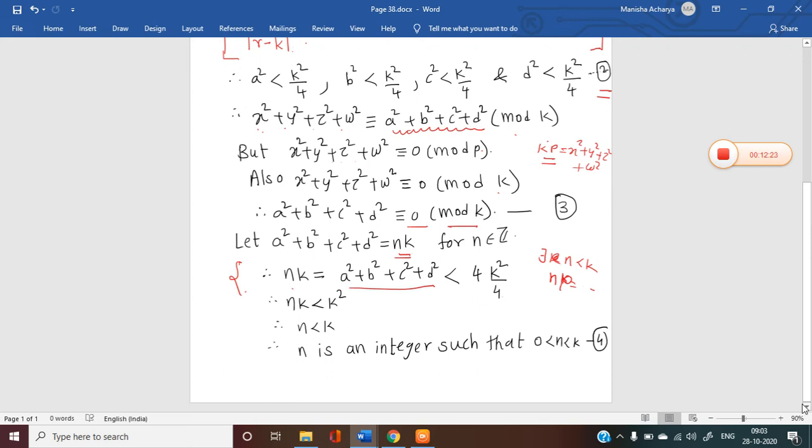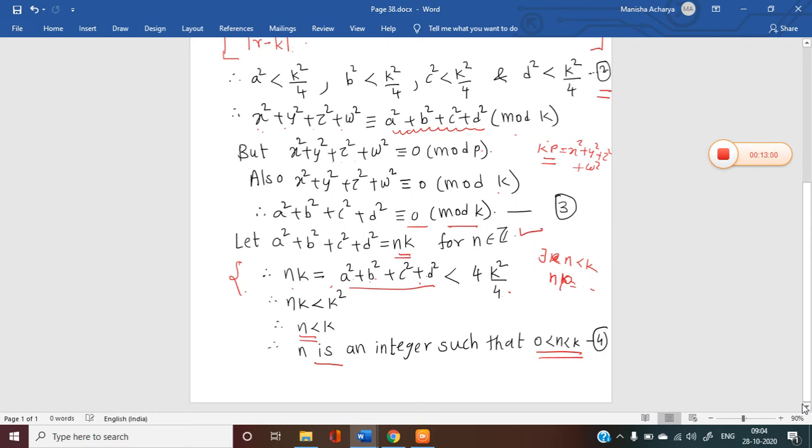Now here we are getting nk equal to a sum of 4 squares, where a square, b square, c square and d square are each less than k square by 4. Therefore this sum is less than 4 times k square by 4, and therefore we get n is less than k. So now we have got a positive integer n less than k, and nk can also be expressed as a sum of 4 squares.